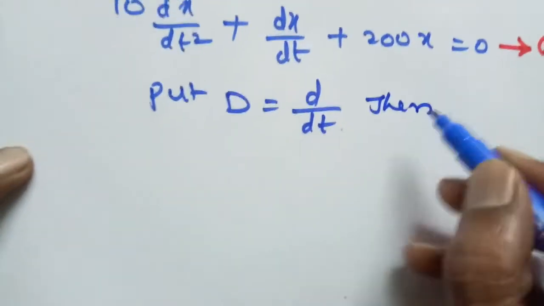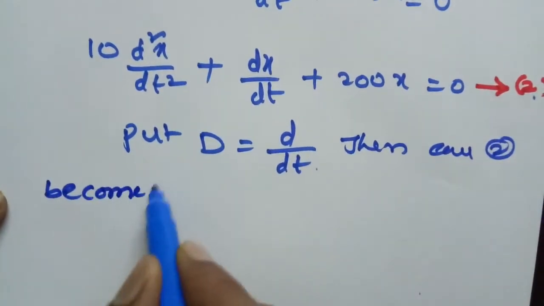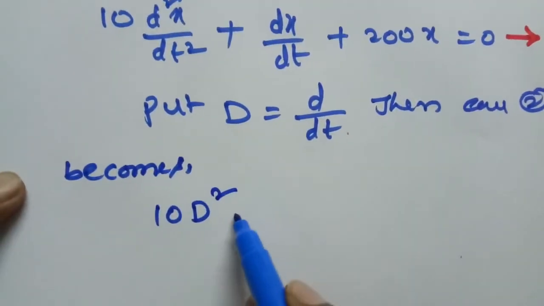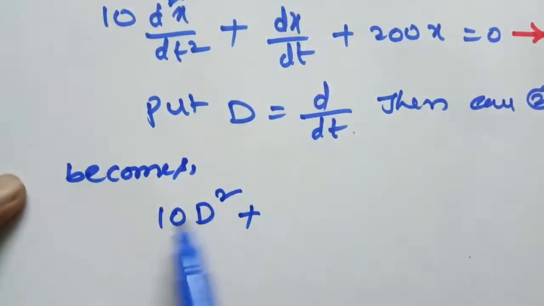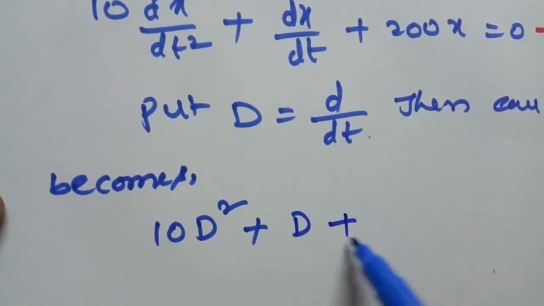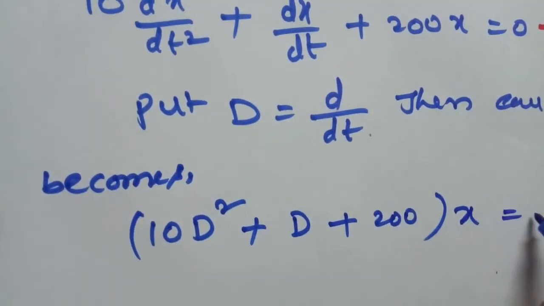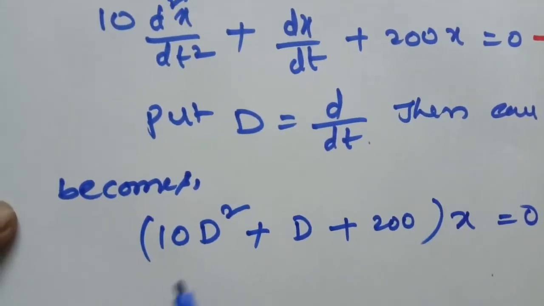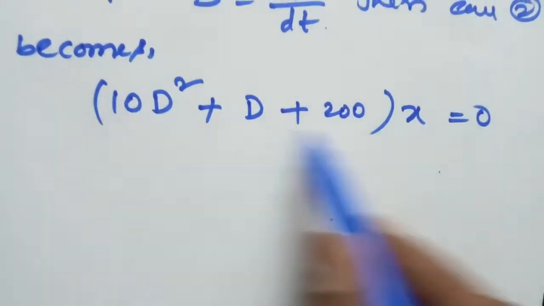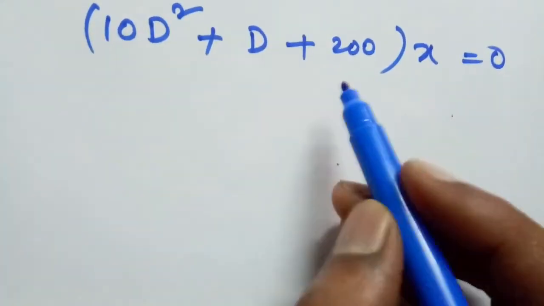Then equation 2 becomes 10 into capital D square into x plus capital D into x plus 200 into x equal to 0. This is the ordinary differential equation with constant coefficients, a second order linear differential equation with constant coefficients.